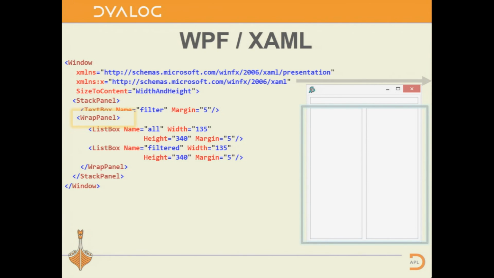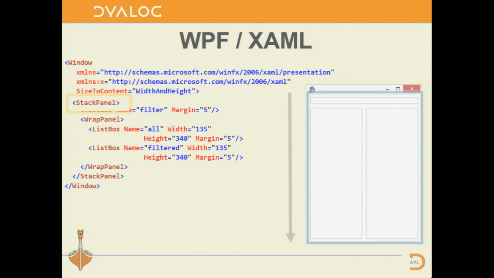So in this wrap panel here, we have our two list boxes, and I've specified a little margin here of 5 pixels, which gives me a uniform gap around each of those items. And the stack panel then arranges things by default vertically. So in my stack panel, I have my edit field at the top, and then I have the wrap panel underneath.